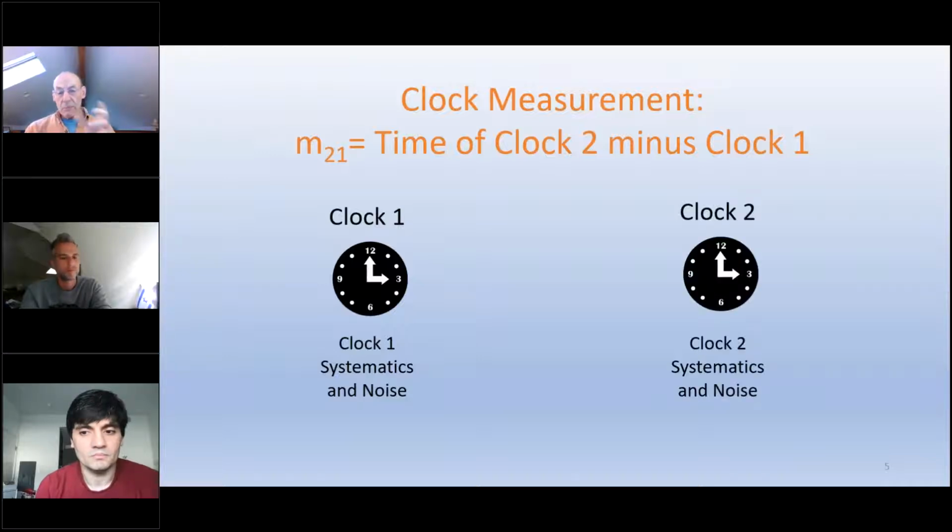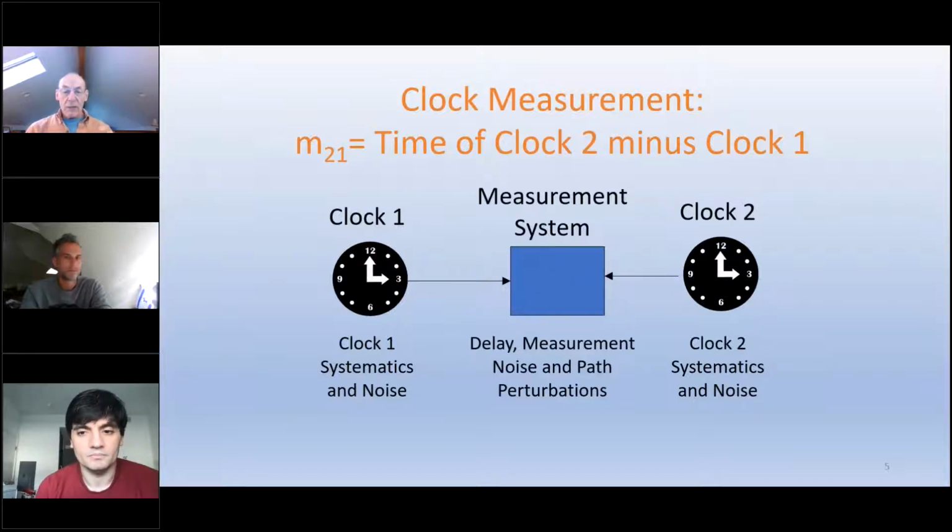You get two clocks like that, and then you measure them against each other, and the measurement system, well, you've got to account for the delay in the timing signals between the two clocks and the measurement system. You've got to account for the measurement system itself has noise, and there are perturbations in the path for the signal. This gets much worse when you've got distributed systems that you're trying to combine.